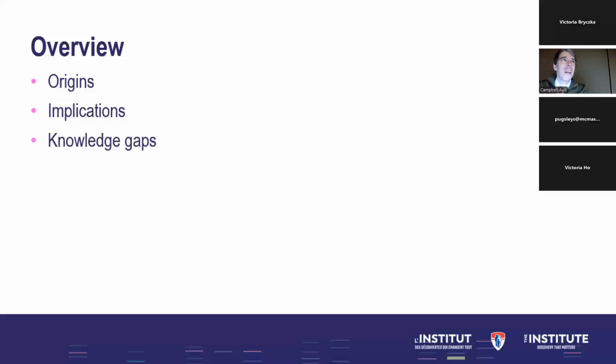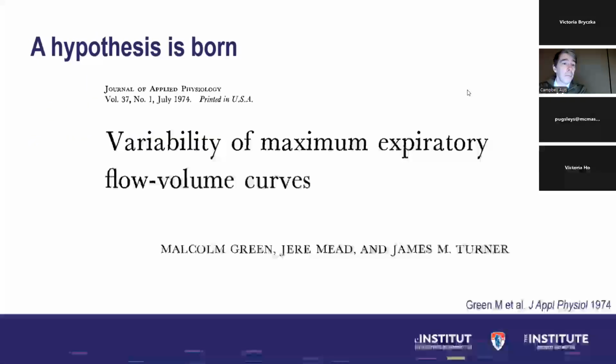We're not yet at intervening upon it in terms of preventing or treating it. But I think it's changed the way I understand my patients' trajectories in many ways. So hopefully you'll gain some value from that. And then I'll highlight knowledge gaps.